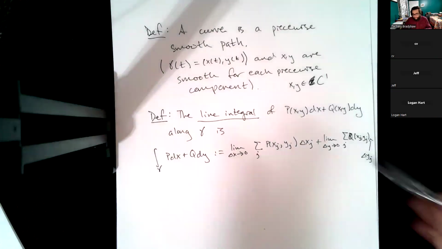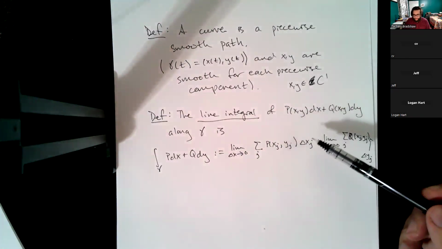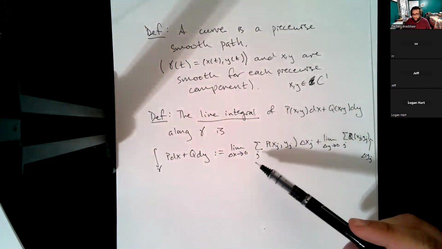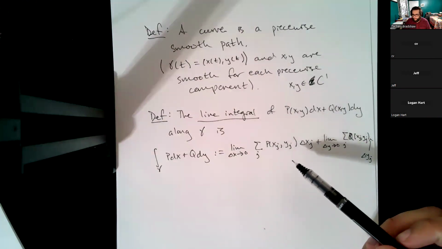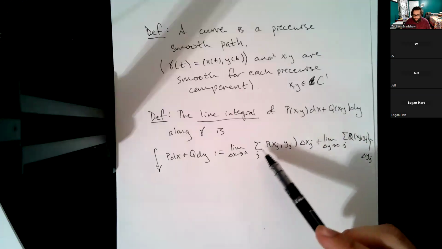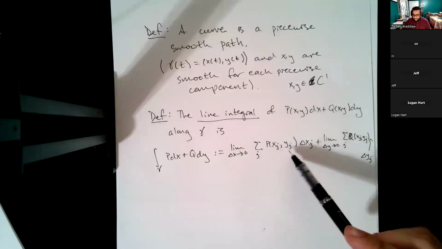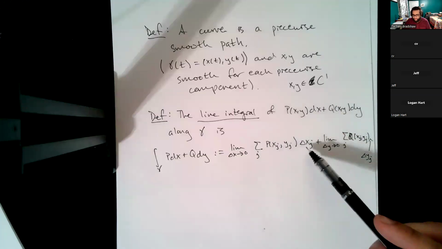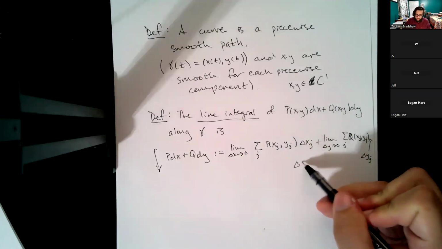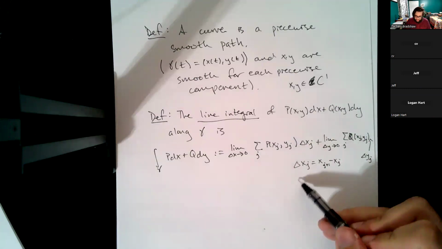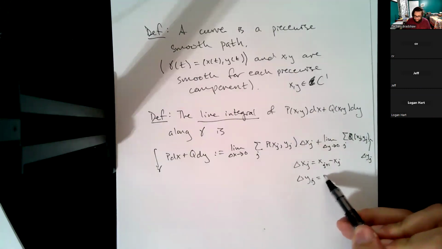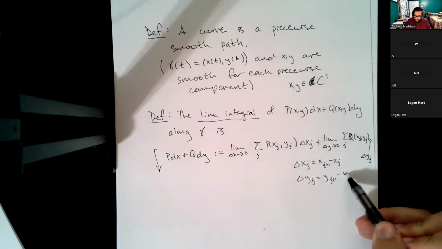Okay, so I've left out some details here. We're discretizing this path in some way, with some coordinates xj, yj, and then we're summing over the values of p at those coordinates, and this delta xj is x j+1 minus xj, and delta yj similarly yj+1 minus yj.